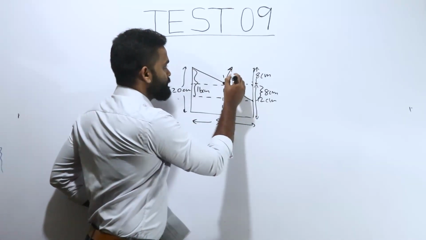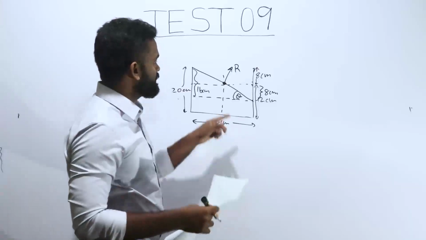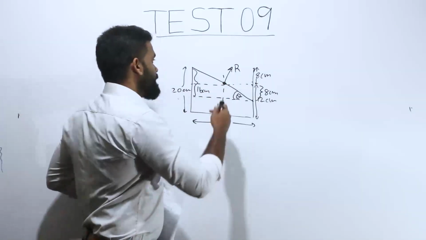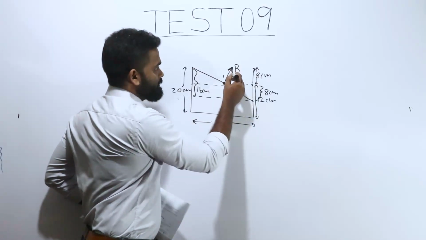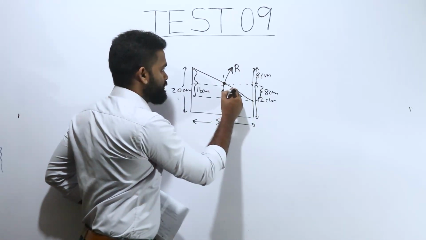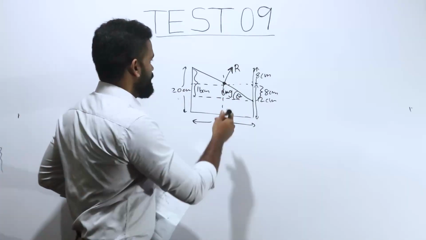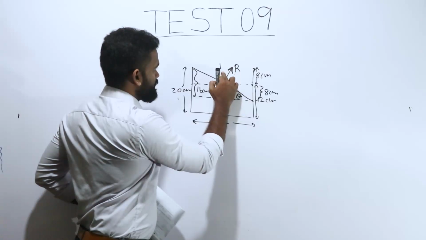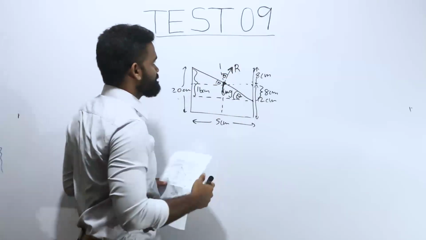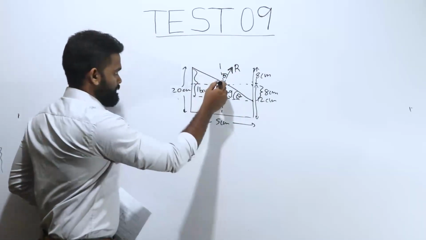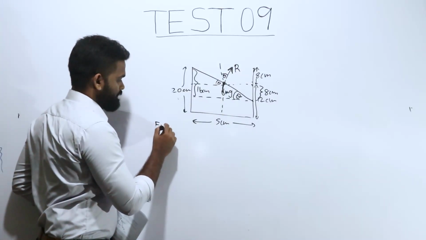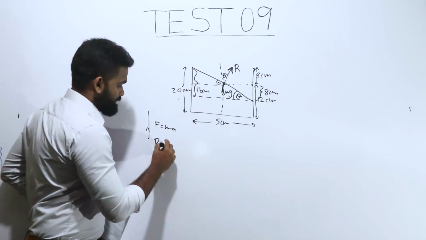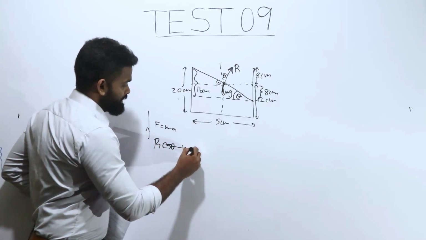To prove that, you have to think about the equilibrium of a water particle on the surface. The forces acting on that water particle are capital R and mg downwards. Then this angle is theta. Then this angle also becomes theta. So I'll apply F equals ma upwards to the water particle. That is R cos theta minus mg equals 0.